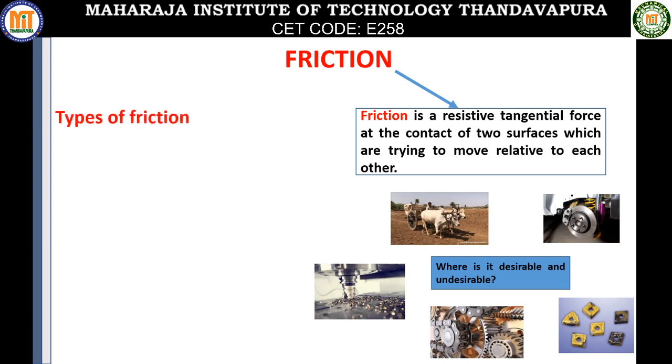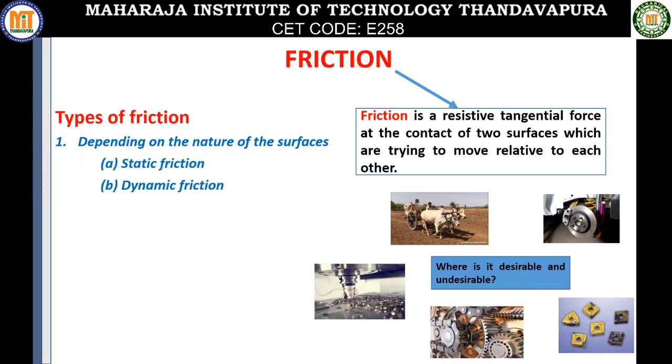Okay. So coming to types of friction, there are types of friction depending on the nature of surfaces. Depending on the nature of surfaces, we have two types: static friction and dynamic friction. In static friction, if the two surfaces which are in contact are at rest, the force experienced by one of the surfaces is called static friction.